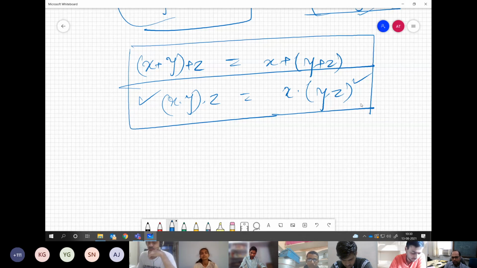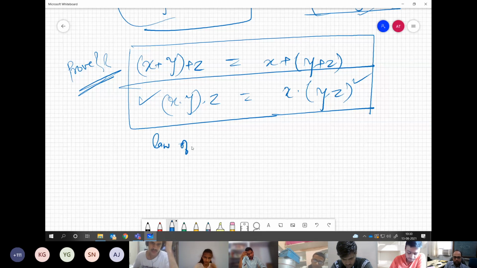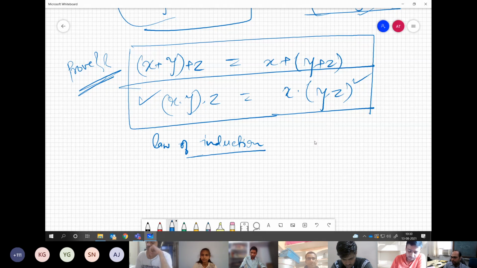Now the point comes, let us say if someone asks you how to prove this, then it becomes tricky. Either you have to go with exhaustive, abstract mathematics, or the simpler way to prove is the law of induction. Understanding my point?